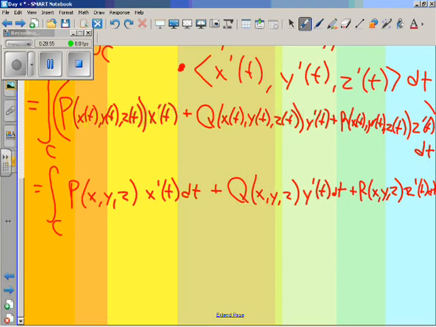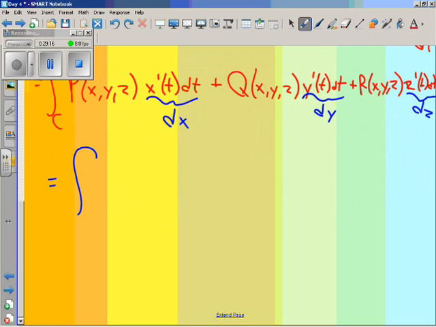But what is x prime of t dt equal to? We have a really simple way of writing that. That's just dx. And this right here is just dy. And this is just dz.